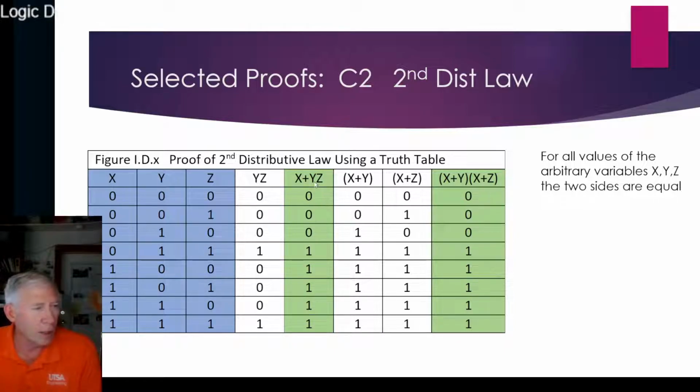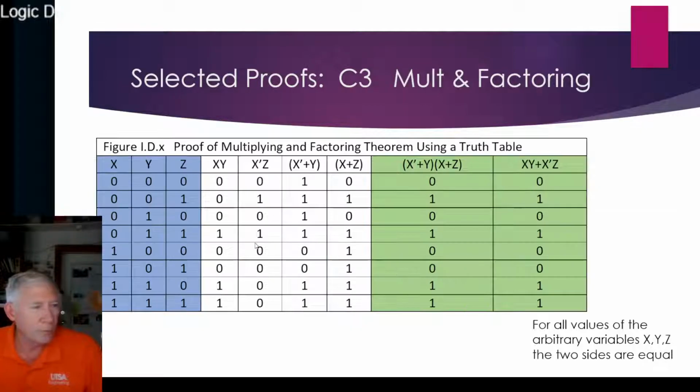And it turns out for every possible value of x, y, and z, this green column and this green column are exactly the same. So that proves the function. All right? Yeah. So that's good.